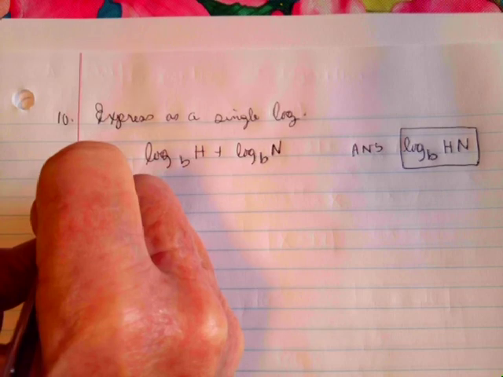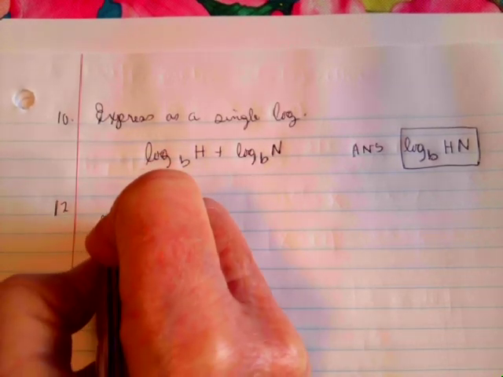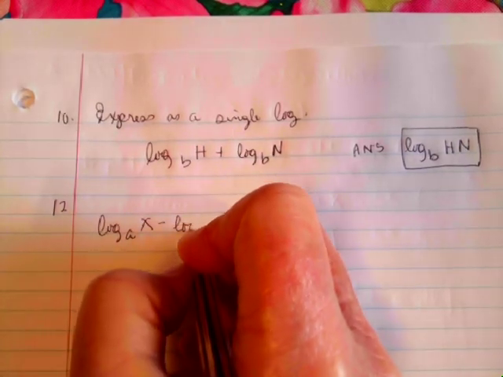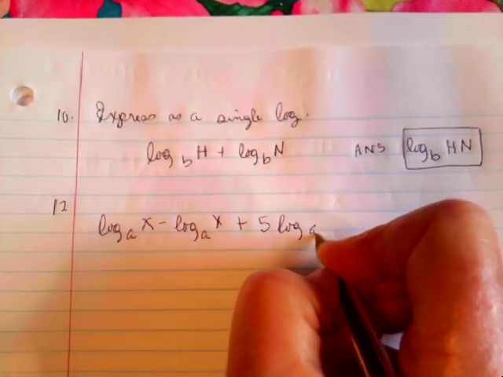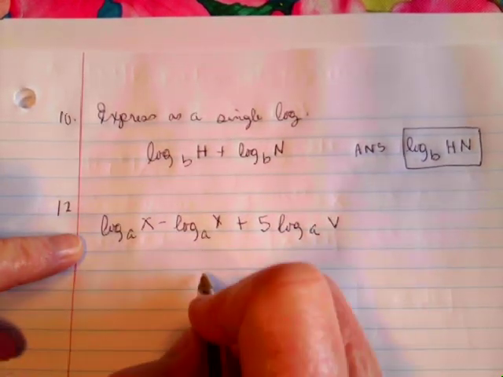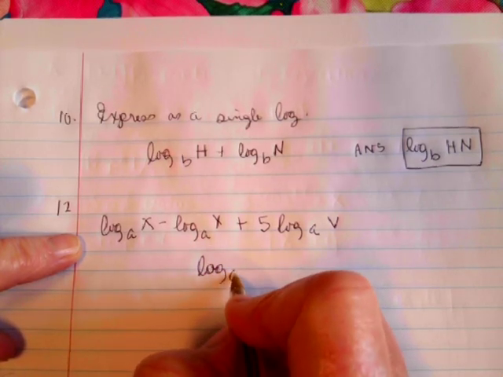Number 12. Same instructions. Rewrite as a single log, log a of x minus log a of y plus 5 log a of v. If they're positive, they go in the top. We'll write it as a single log, log a.